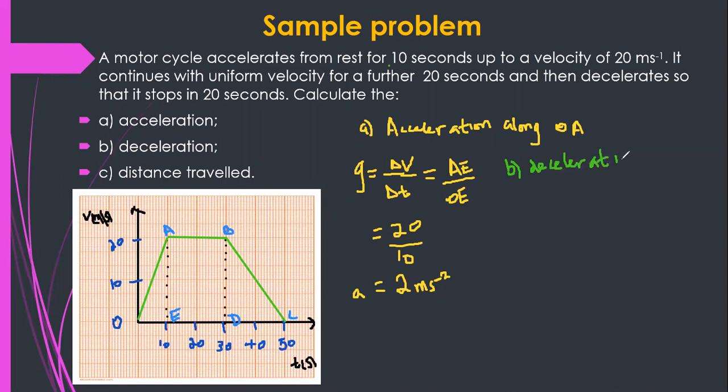Deceleration happens along BC. Okay, and which is change in the velocity divided by the time taken. So we are going to have BD divided by DC. So which is equal to, you are taking the gradient again, BD divided by DC.